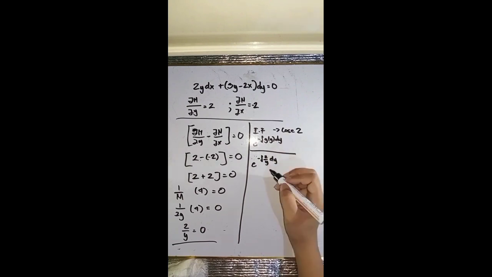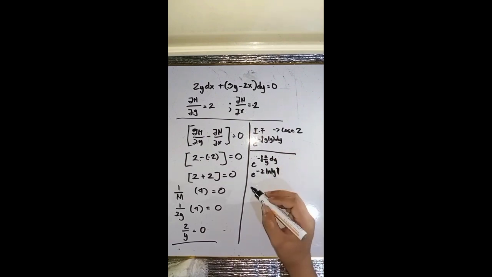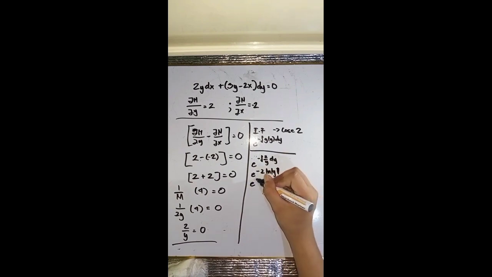After integrating, the exponent will result in the negative of 2 ln y, which is negative 2 ln y, and this can be simplified by changing the form of the exponent.